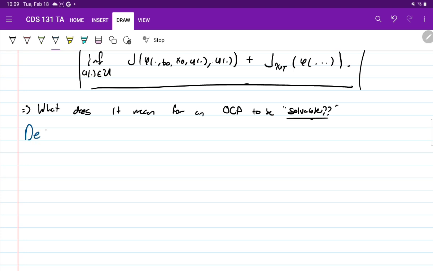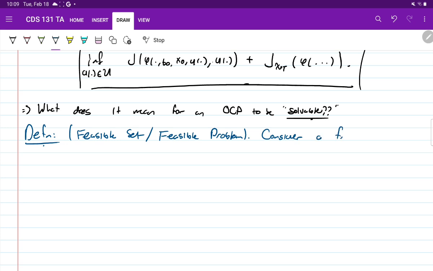Let's go ahead and say definition. This is going to be feasible set slash feasible problem. So let's go ahead and consider one of these finite horizon optimal control problems.